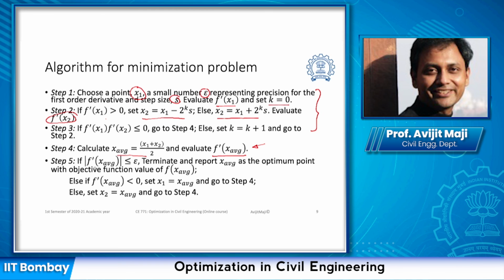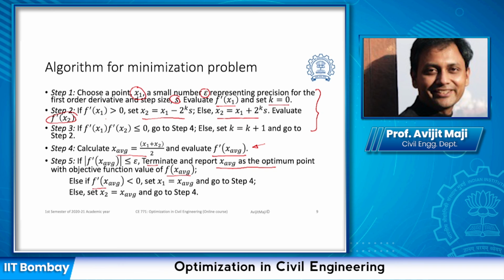If the slope is within the precision limit which we have set, then we terminate and report this new point as the optimum point with the objective function value at this location. If it is not terminated, meaning the slope is more than the precision which we have set, then we need to see the nature of the slope.